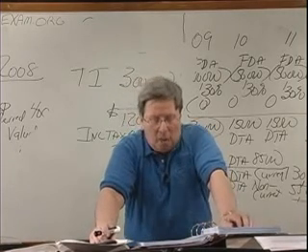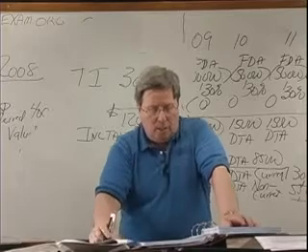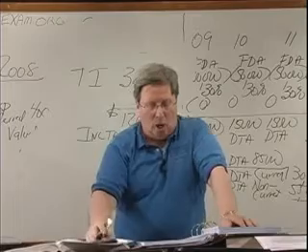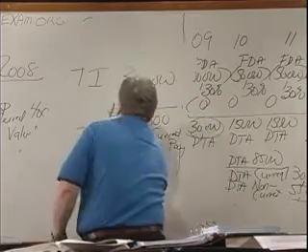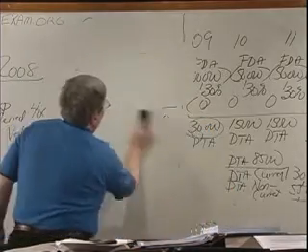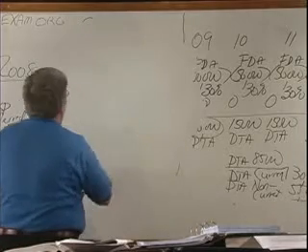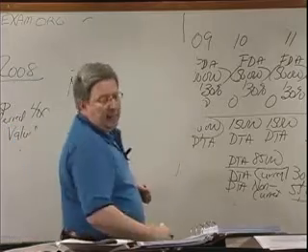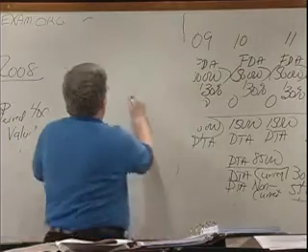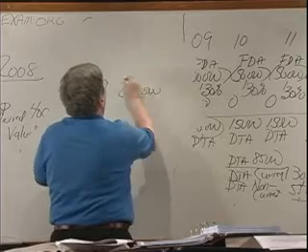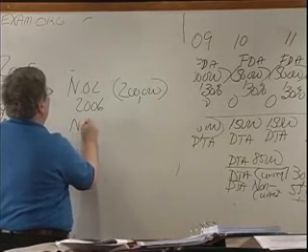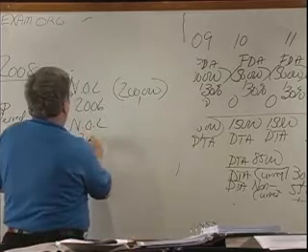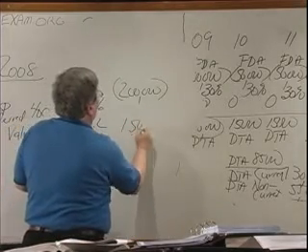Now, let's go to the years. First of all, they began in 2006, so they have a net operating loss of $200,000 in 2006. Now, they also have a net operating loss in 2007 of $150,000.